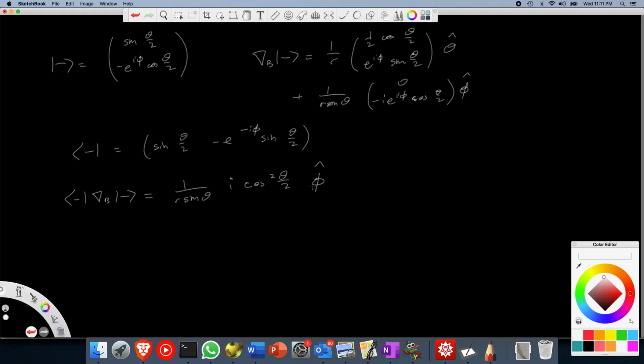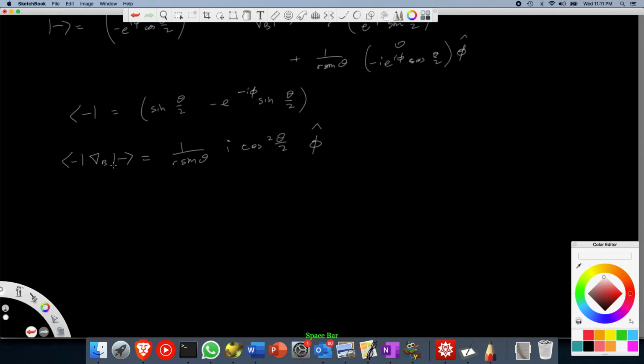Then we can multiply this by dB, and we get i over 2 times 1 plus cosine theta over 2, where we have applied the half angle formula.